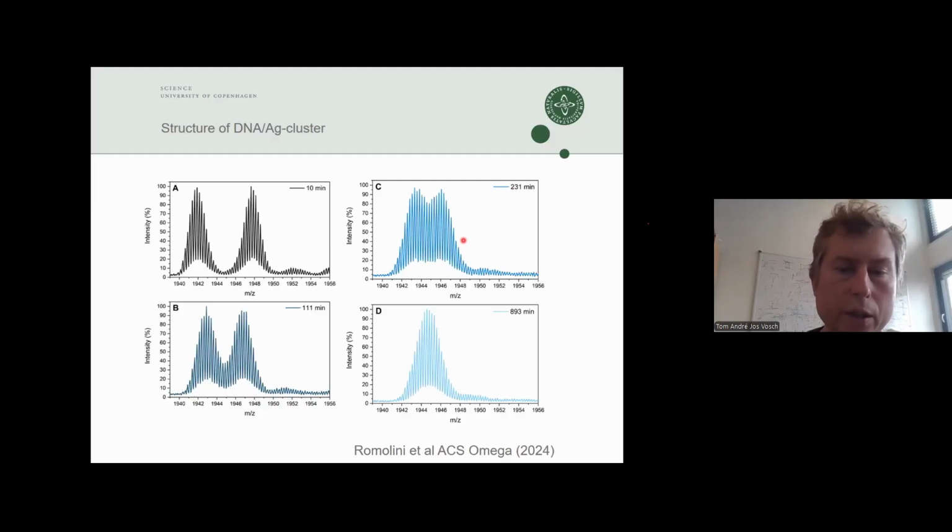And then we did mass spec and followed how things evolved in time. So you can see here mass spec recorded at 10 degrees. Initially they are separated, but over the course of several hours, we can see that they start to exchange atoms with each other and they become homogenized in the end.